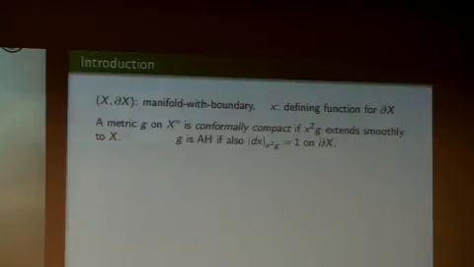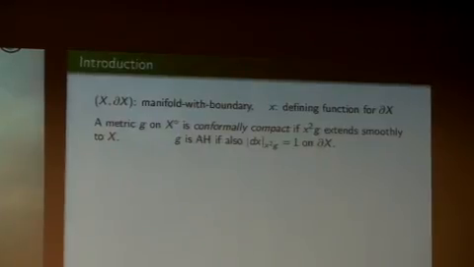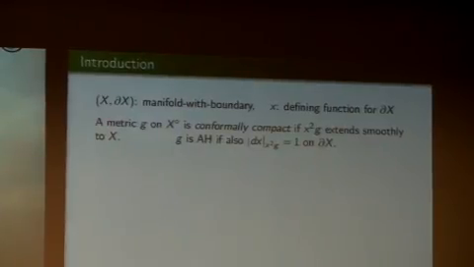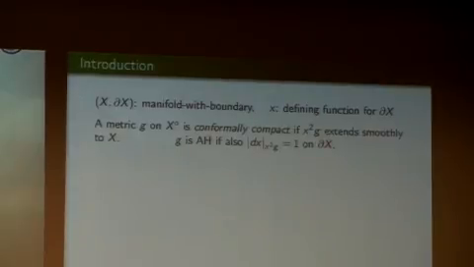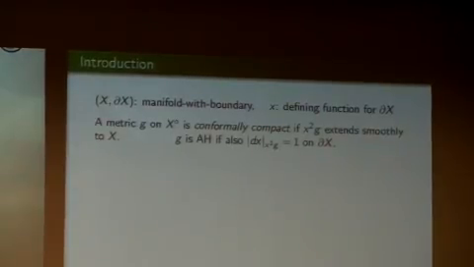So if you look at dx, that's defining a one form at the boundary, and x squared g is a metric that's smooth at the boundary, so you just take the norm of that smooth metric and require it to be 1 at the boundary. And the point is that's an invariant of the metric, because if you rescale x, then dx and x squared g scale in ways that cancel, so that's independent of the choice of defining function.